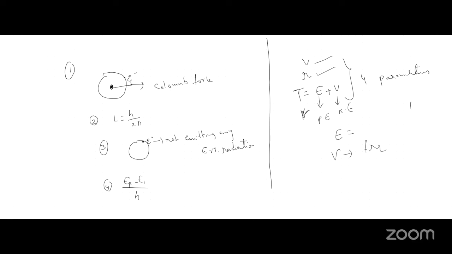Now we will see the derivation part. What do we have in the derivation first? We have two types of force. Coulomb force is equal to centrifugal force. What is Coulomb force?